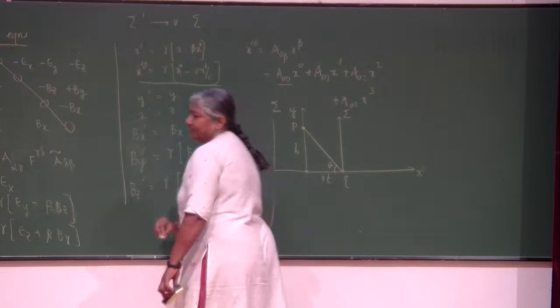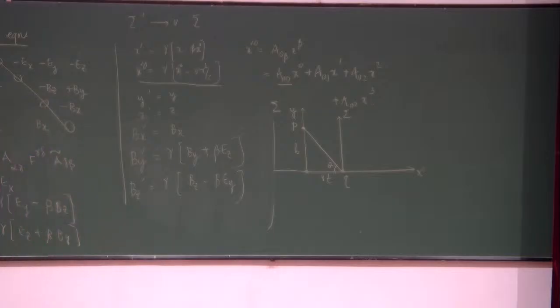And you can see the pattern because I have written them next to each other, right? Is it okay? And for those of you who are really interested, this is 1, and F32 is just Bx, right? So Bx prime is equal to Bx. Those who are really interested can try this for an arbitrary Lorentz boost.